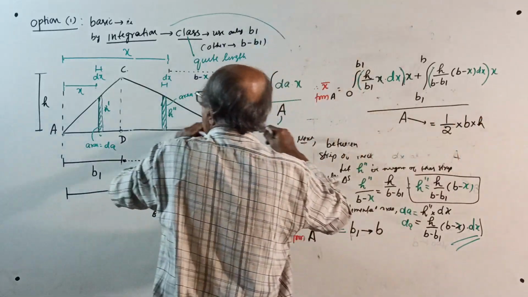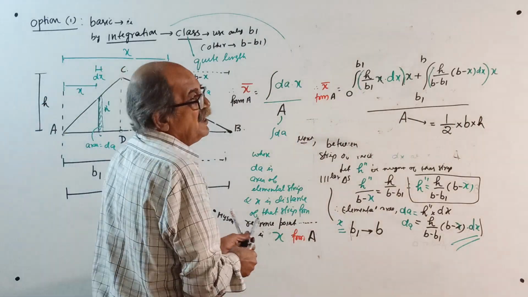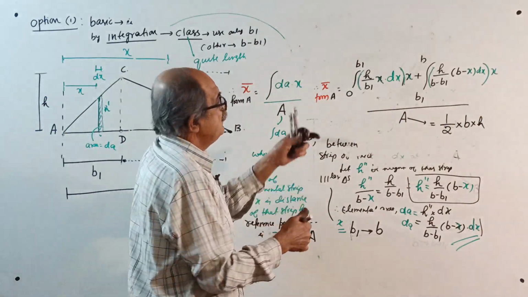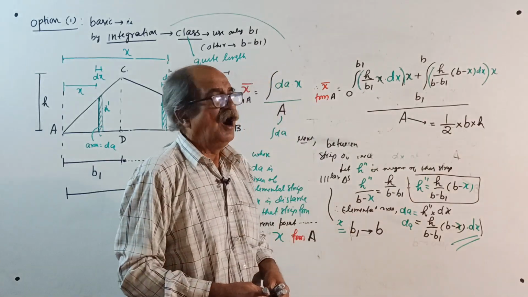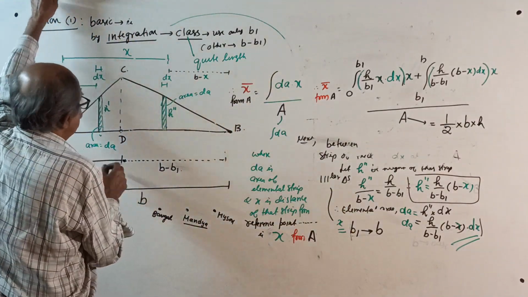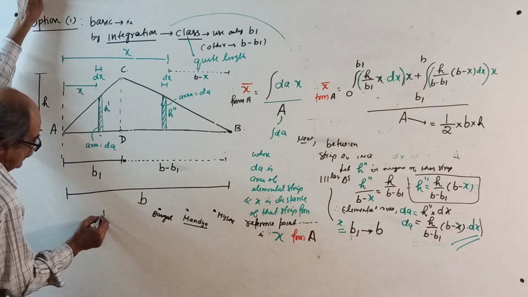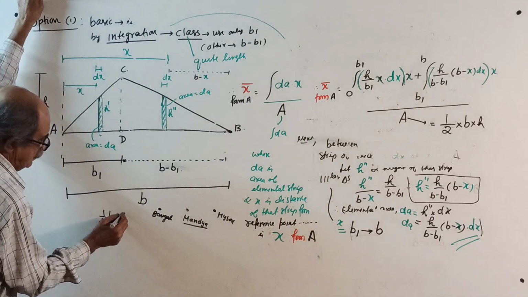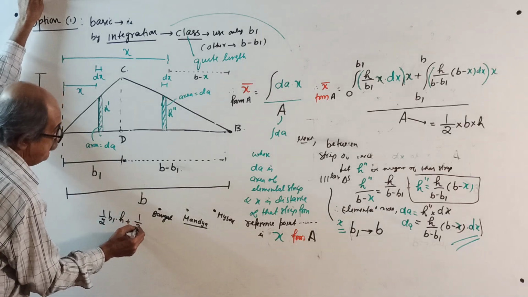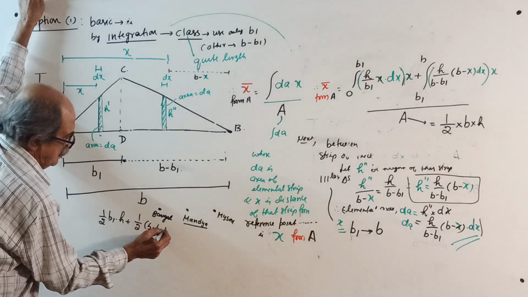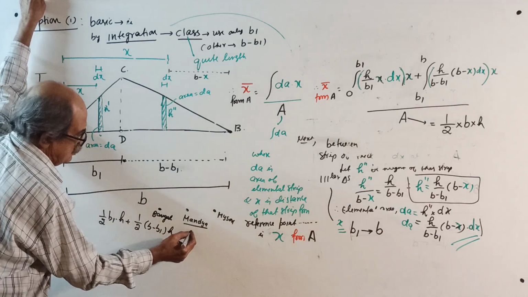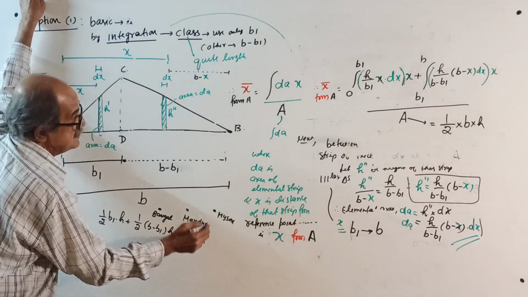For a triangle, don't waste time with integration. Total area, that is A1 plus A2, you can write as half into B1 into H plus half into B minus B1 into H. Simplify, it will become half into B into H.